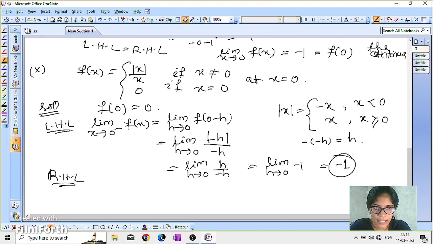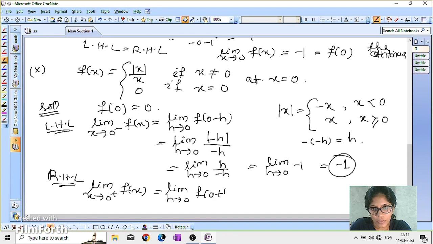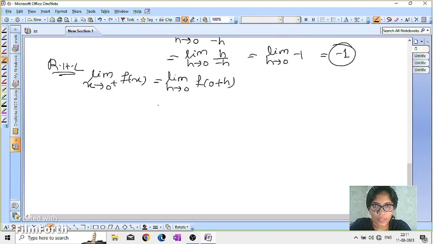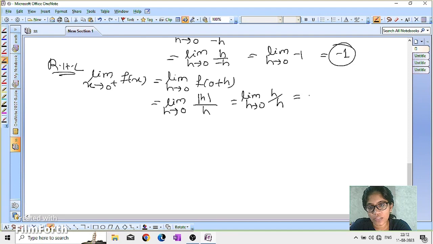Now right hand limit, x tends to 0 plus f of x, is equal to limit h tends to 0 f of 0 plus h, which equals limit h tends to 0 h modulus by h, which equals limit h tends to 0 h by h, which equals limit h tends to 0 1, equal to 1.